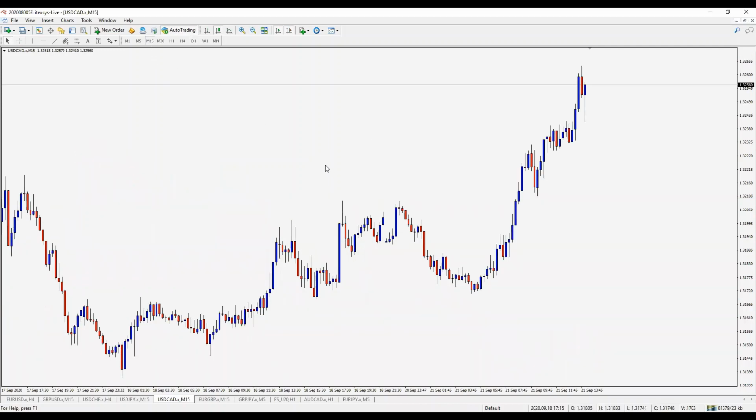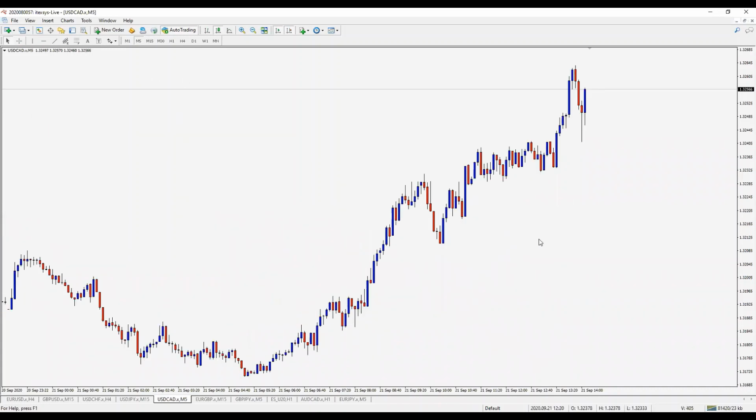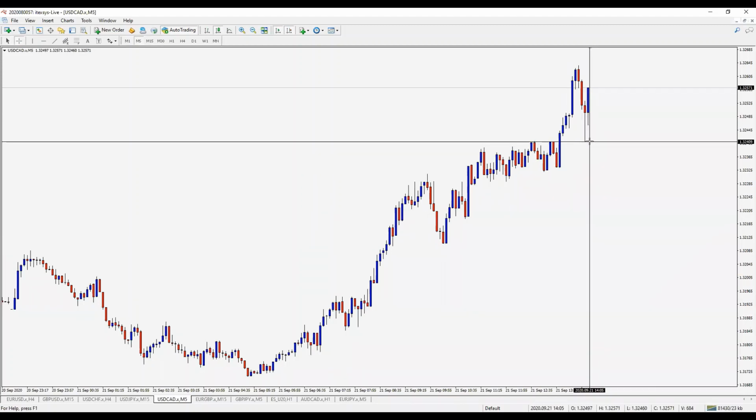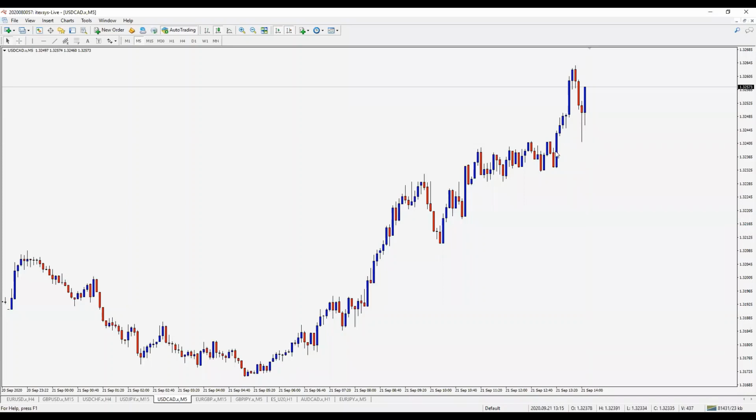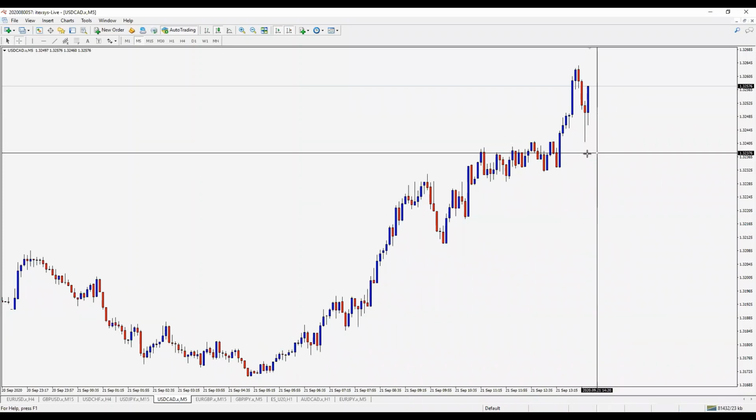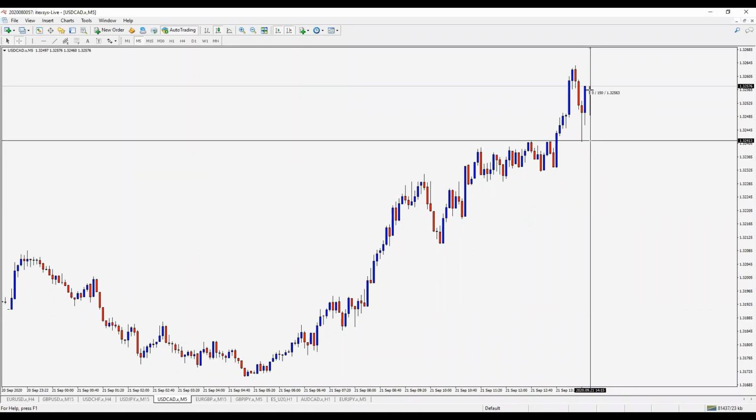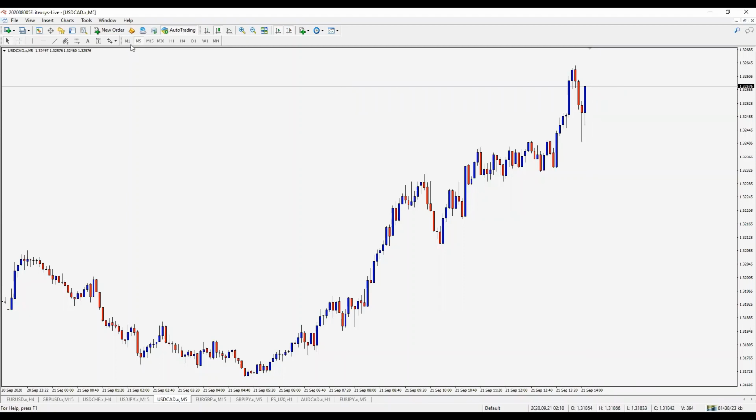Let's take a look at the 15-minute chart, to see if we can find something as an intraday position. We can see the price here, you can see this reaction from this demand, a very short move, 15, 16 pips.